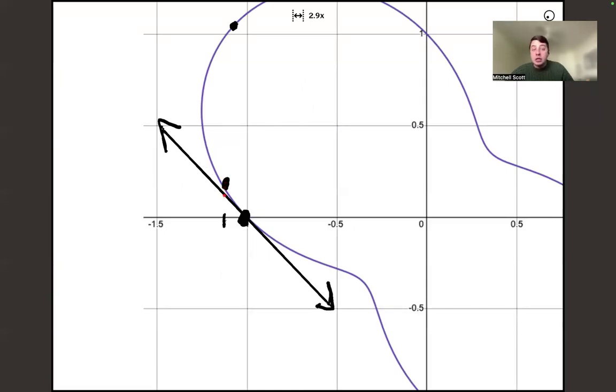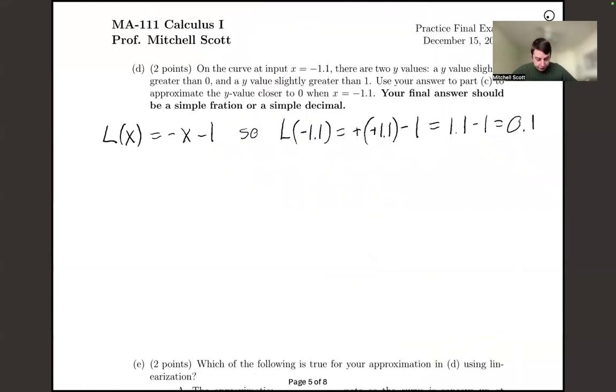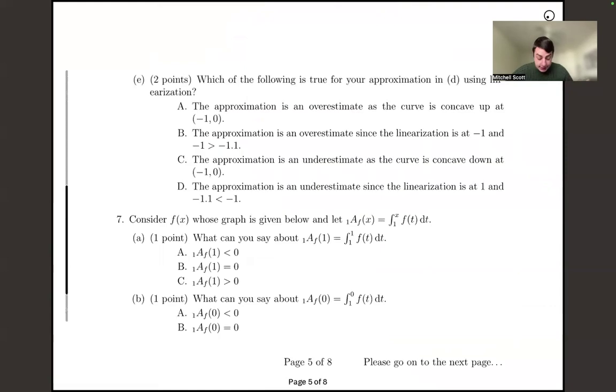So obviously it looks like I'm doing some sort of underapproximation. My 0.1 guess is probably too low, but relatively close. So that's good to know. But now we need to figure out the reasoning.